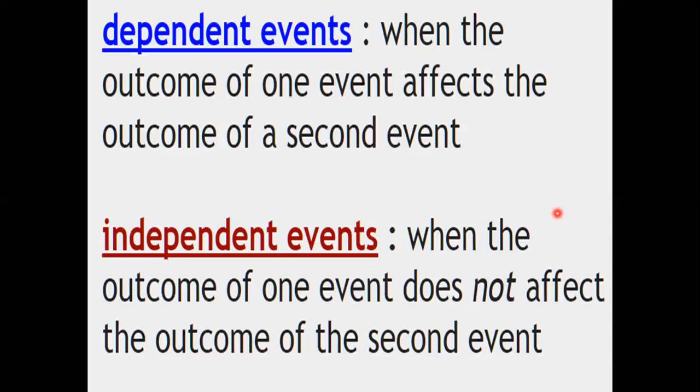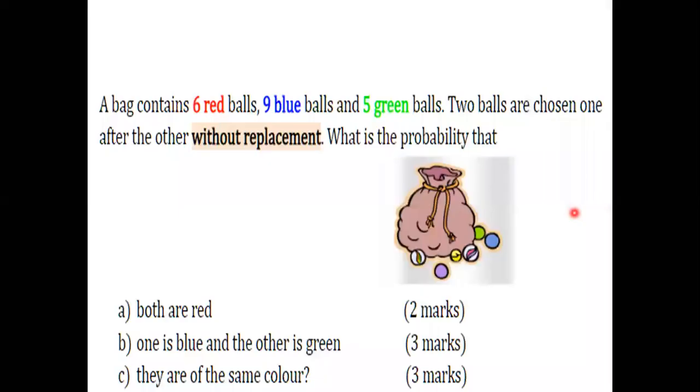If you roll two dice, then the outcome on the first die does not determine what happens on the second die. So such events are independent events. There are other examples of dependent and independent events, but we're going to take it in the line of these few examples that I have given, particularly selections that have to do with replacement and without replacement.